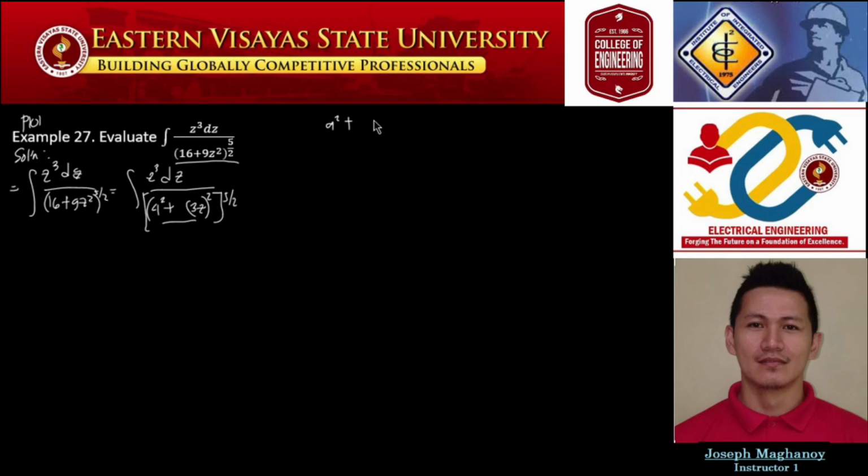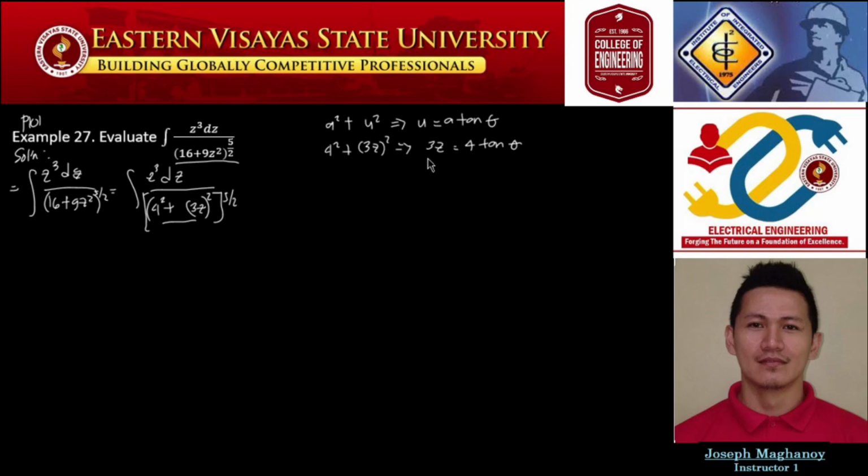a squared plus u squared, u is equal to a tangent theta. So we'll make our 4 our a, and our u is 3z, squared. Therefore 3z is equal to 4 tangent theta. But we need to determine z with respect to theta.